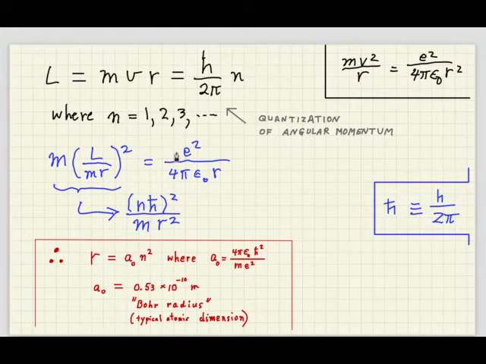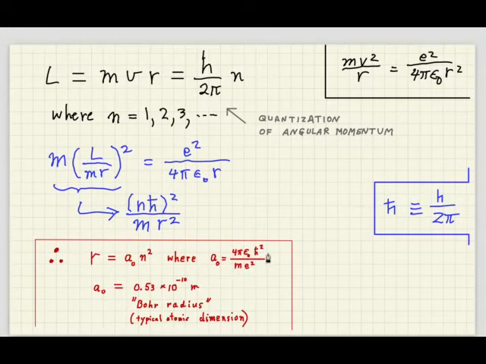And what is the universal constant? Well, it'll be h bar squared divided by m divided by e squared times 4 pi epsilon 0. We call that a0. a0 is 4 pi epsilon 0 h bar squared over m e squared.